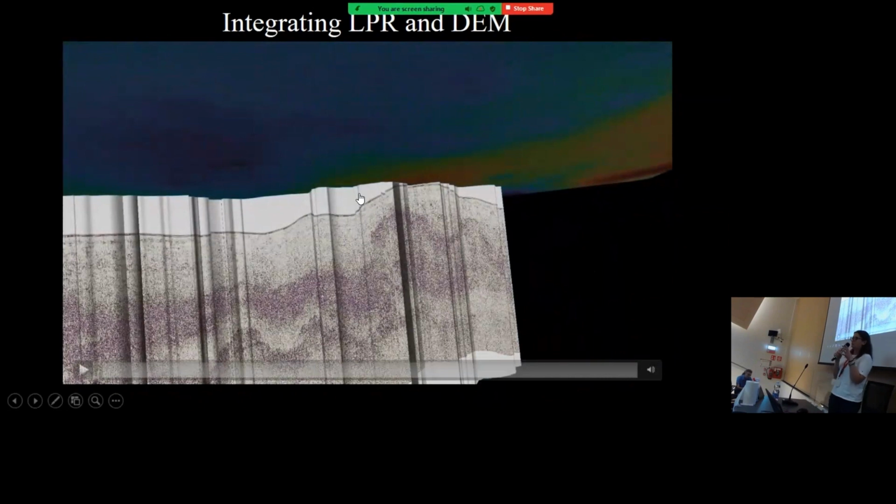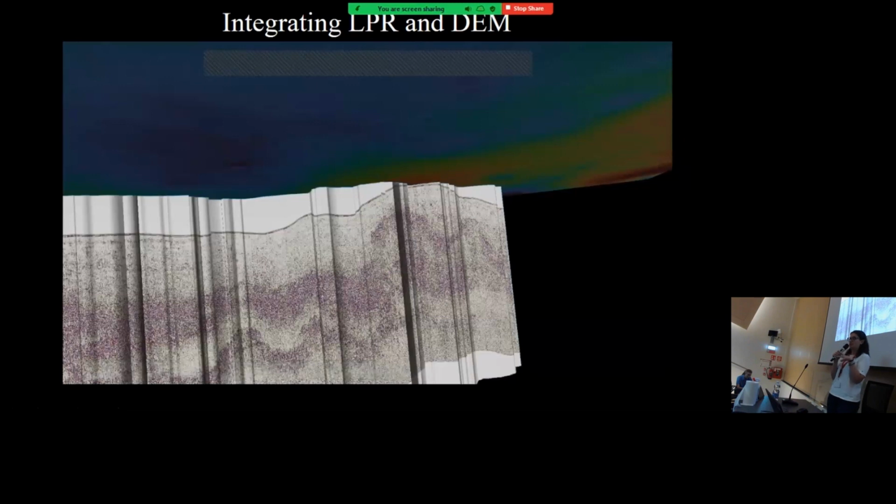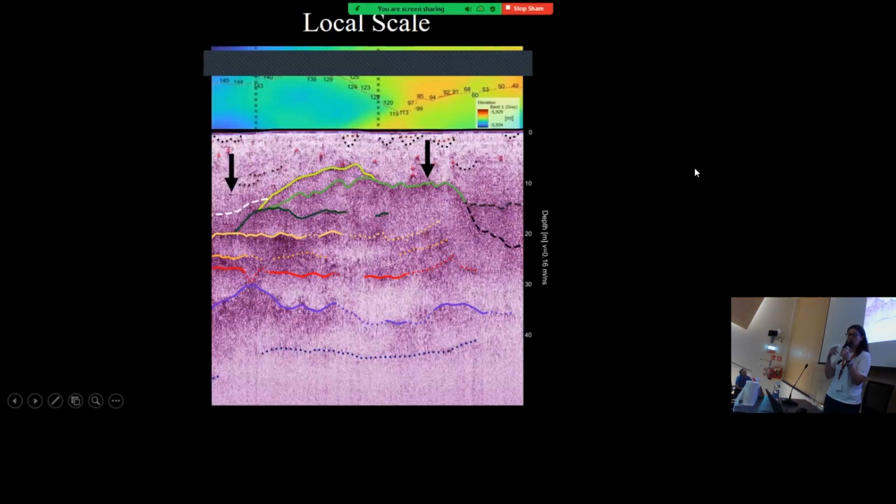The interesting point is that this regional trend can be found not only on a regional scale but also on a local scale, as we can see in this figure, highlighted by the black arrow, in correlation with the digital elevation data.